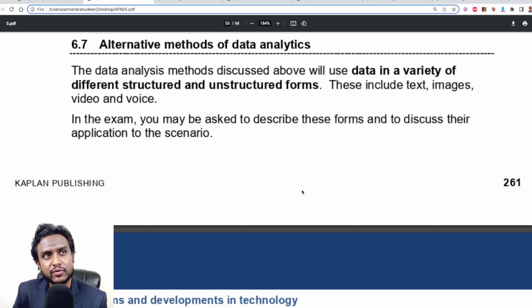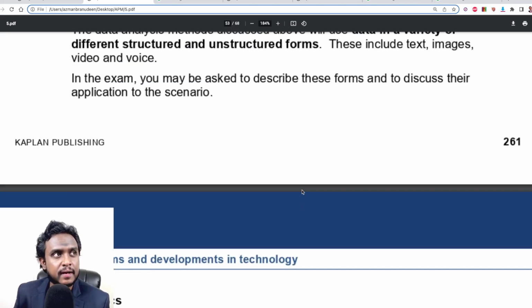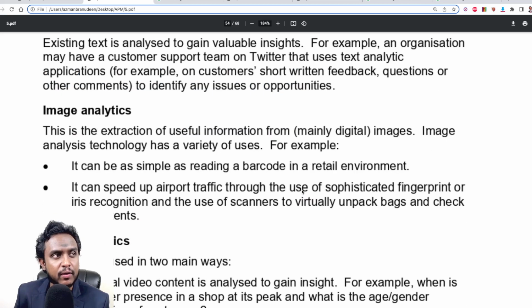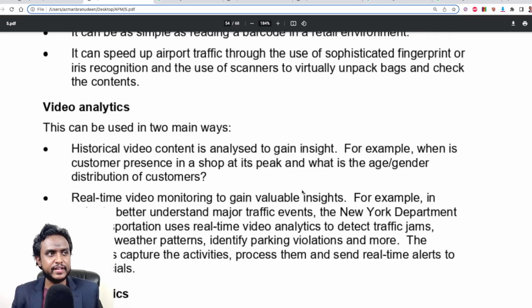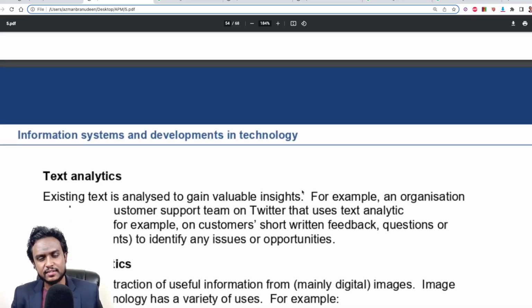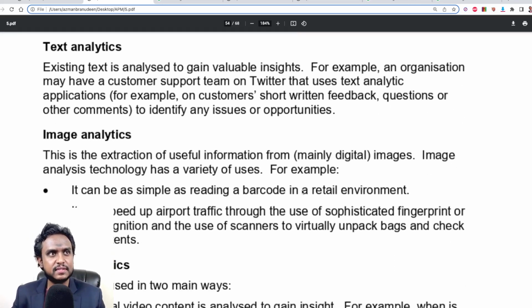The ones we've looked at use data in a variety of different structured and unstructured forms, that is text, images, video, and voice. But nowadays, there are advanced analytics happening purely focusing on each of these different components: text analytics, image analytics, video analytics, and voice analytics. So I can give you a few examples.